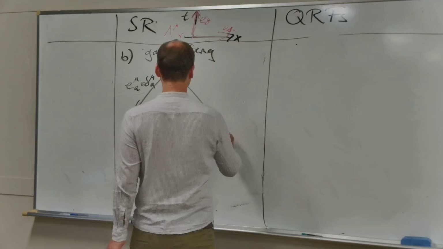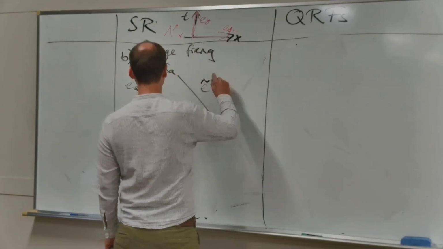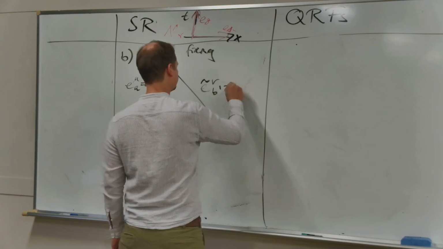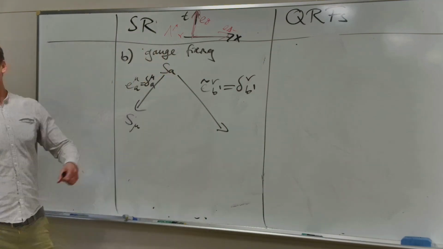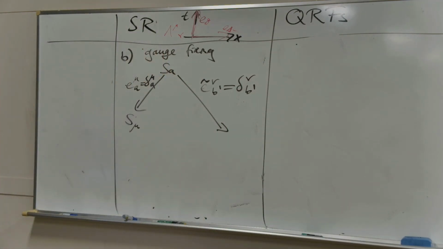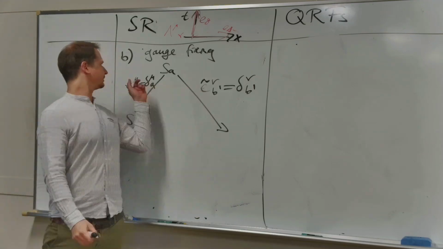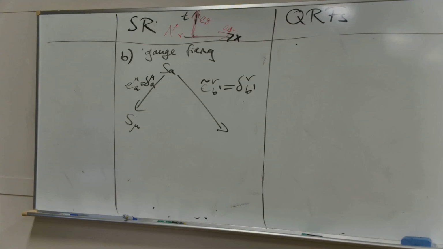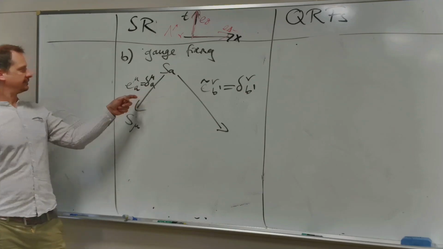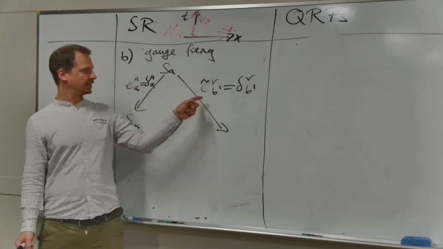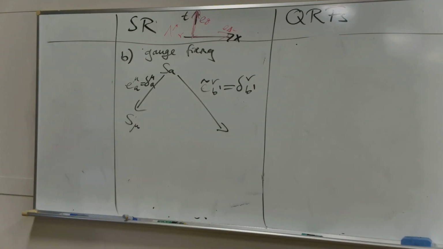Now, on the other side, I'm going to do E tilde nu E prime, and I'm going to set this one to delta. In general, this is going to be a different gauge fixing, because E tilde and E will not be aligned in general. So here I'm aligning the background frame with the first internal frame, here I'm aligning with the second one. So in general, it's a different gauge fixing.